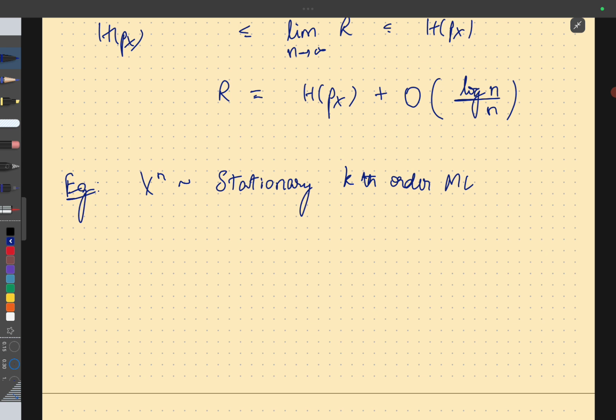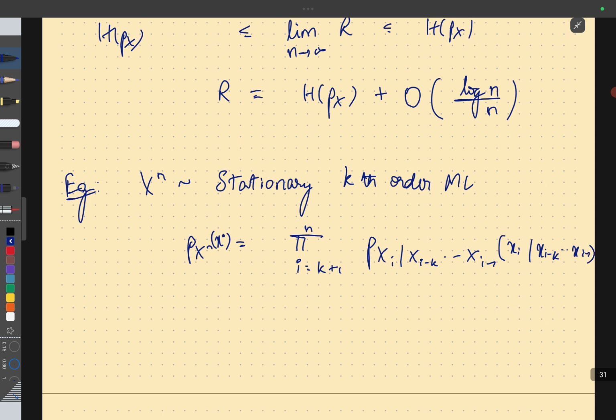Remember that a sequence X^n is a kth order Markov chain if P(x^n) can be written as the product from i equals k plus 1 up to n of P(x_i given x_{i-k} up to x_{i-1}), times P(x^k).